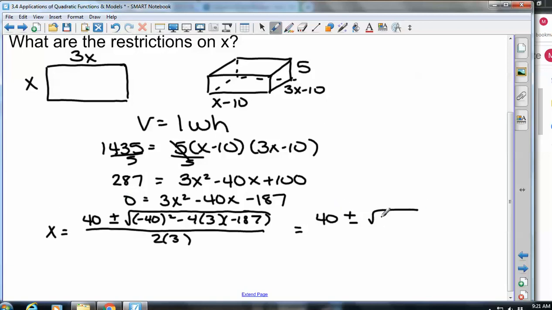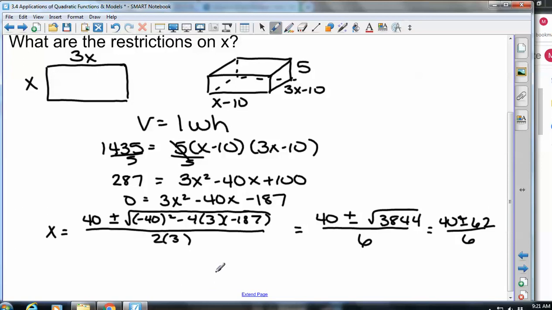I get the square root of 3844. That is a perfect square, I believe. That gives us 62.